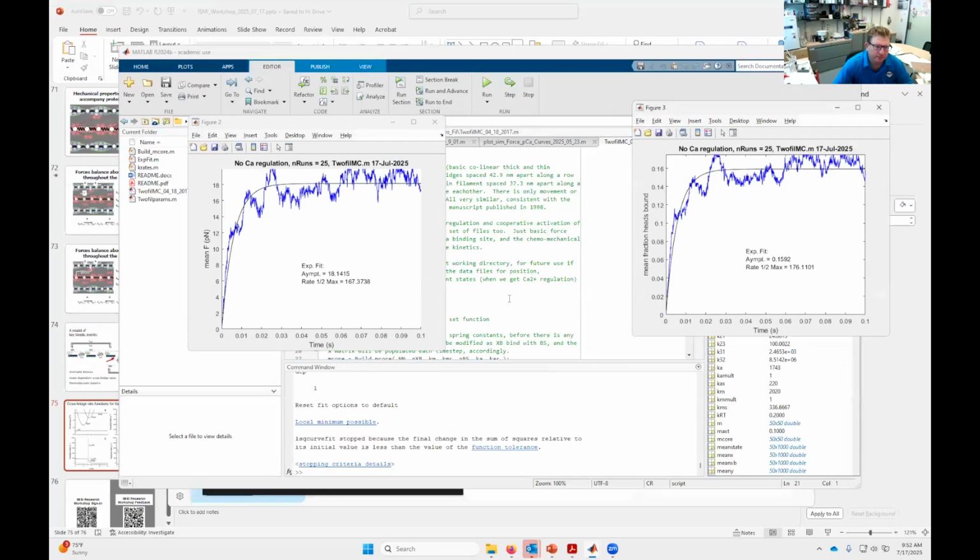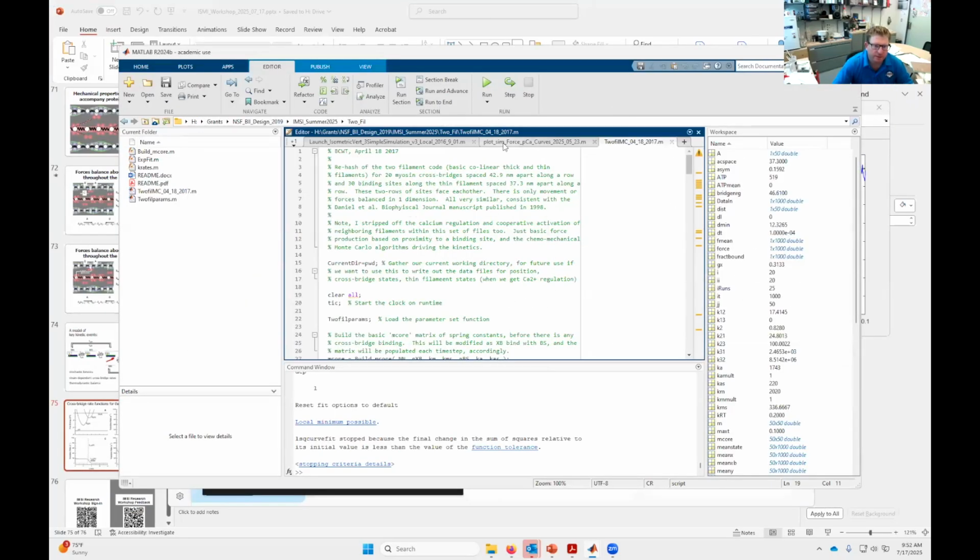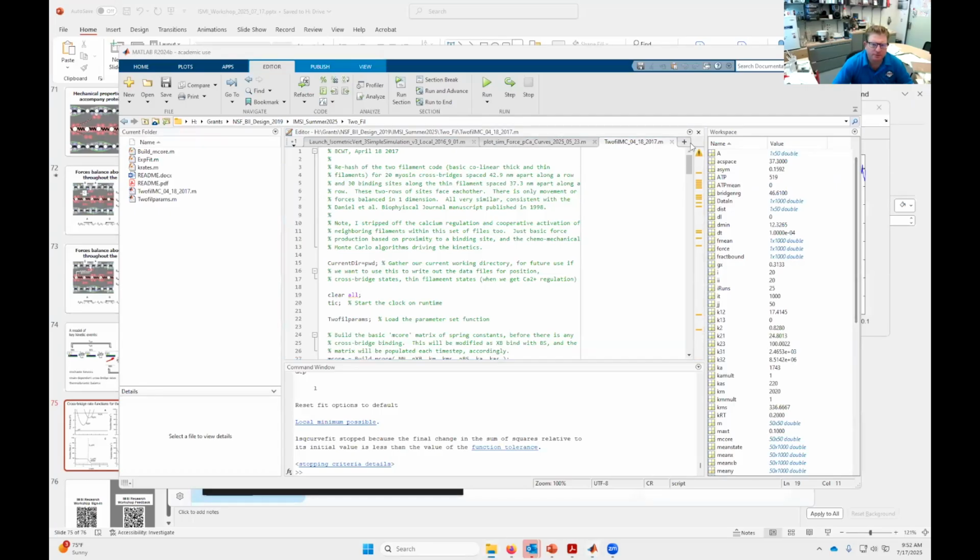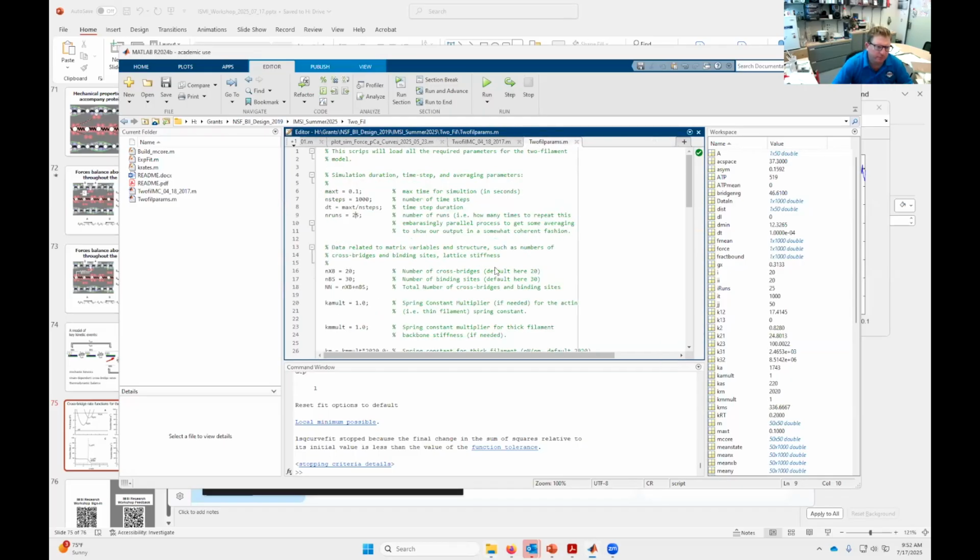So one thing to imagine, if I were to look at what this parameter file is, for example.